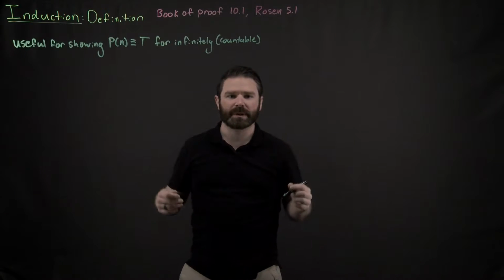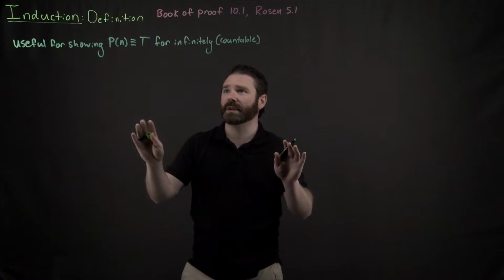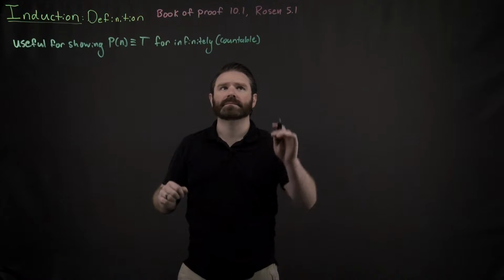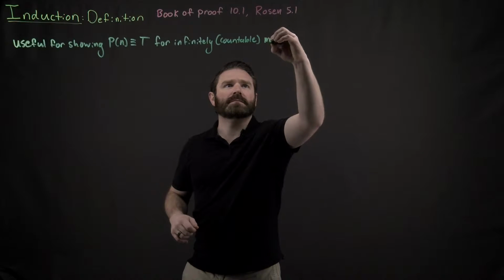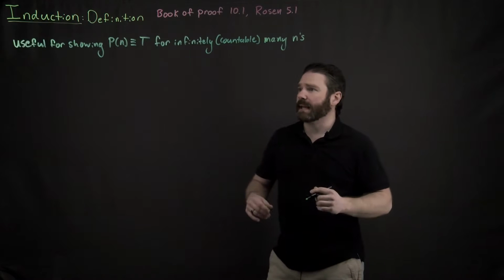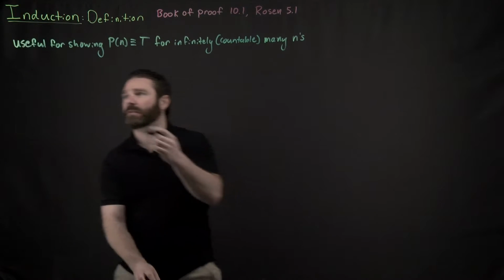And countable here just means that we can say 1, 2, 3, 4, etc. We can count them. So we want to show that it's true for infinitely many n's. So for an example of such a propositional function, you could consider something like the following.